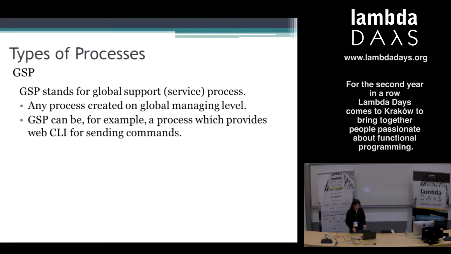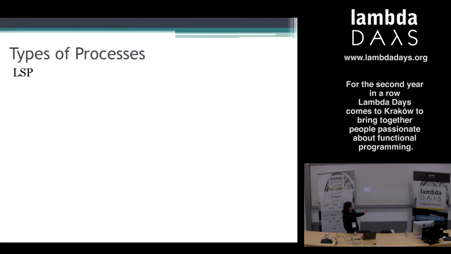It can be, for example, a process which provides some web command line interface for sending commands, and also if you want to visualize your results, your OpenGL server will also be a GSP. I think it's clear. So the same story for LSP. It's a support or service process on a local managing level.